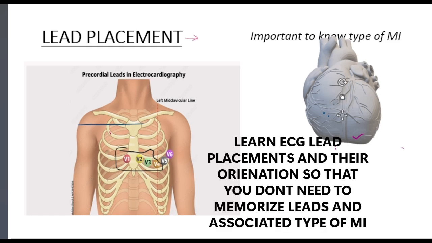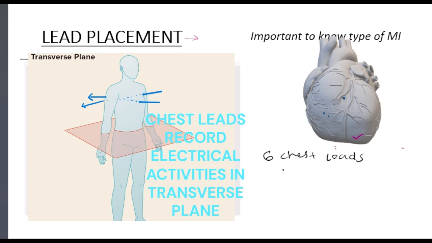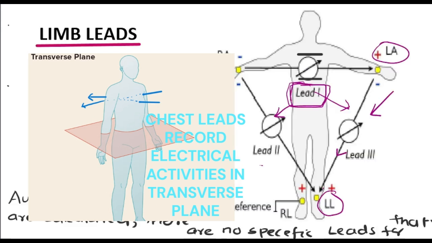So if you look at this picture over here, you can see that we have V1, V2, V3, V4, V5, V6. So we have six chest leads, all right, and we have three limb leads.